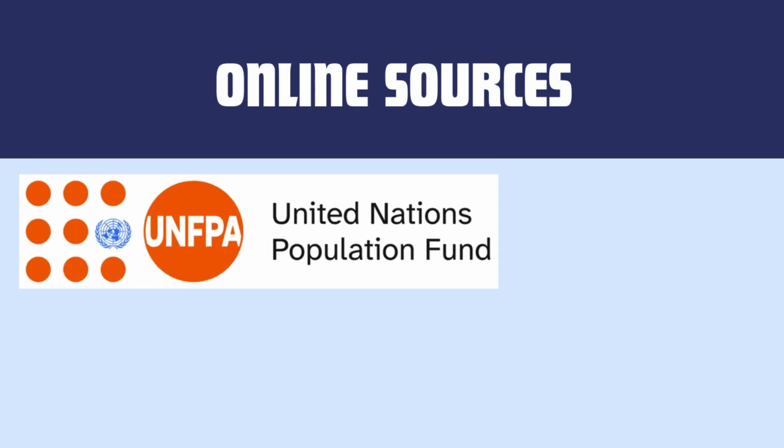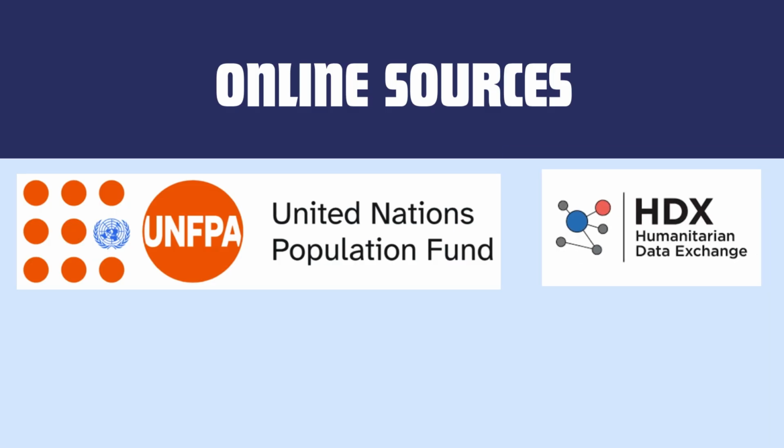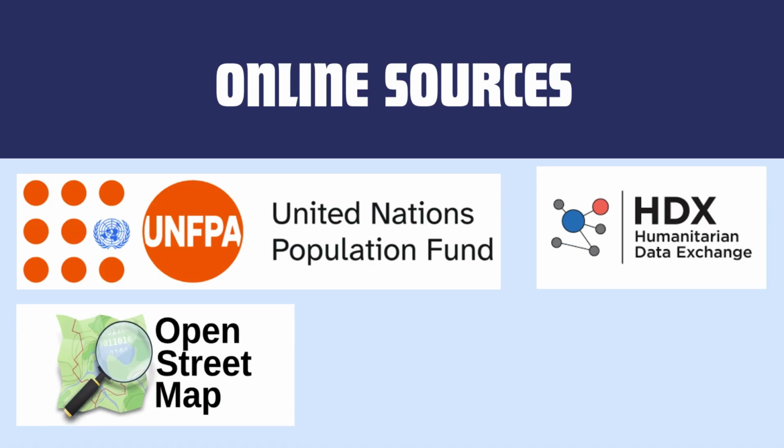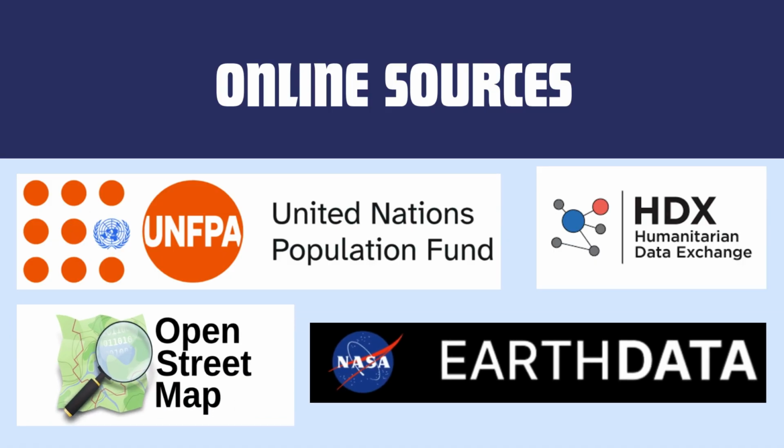To obtain data for your project, there are numerous sources online that provide open data for public use. These include the UNFPA Data Portal, the UN OCHA Humanitarian Data Exchange, OpenStreetMap, and NASA Earth Data.